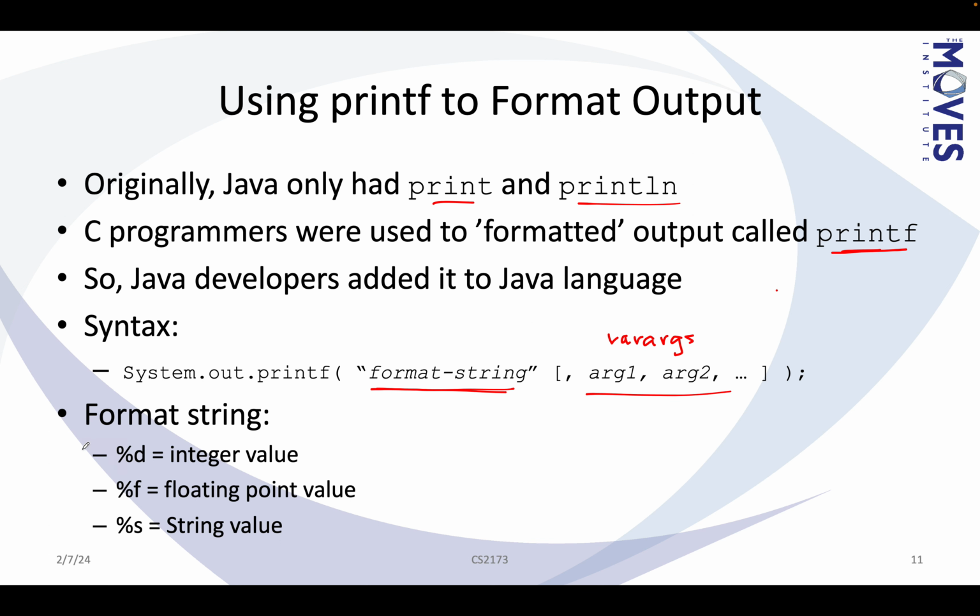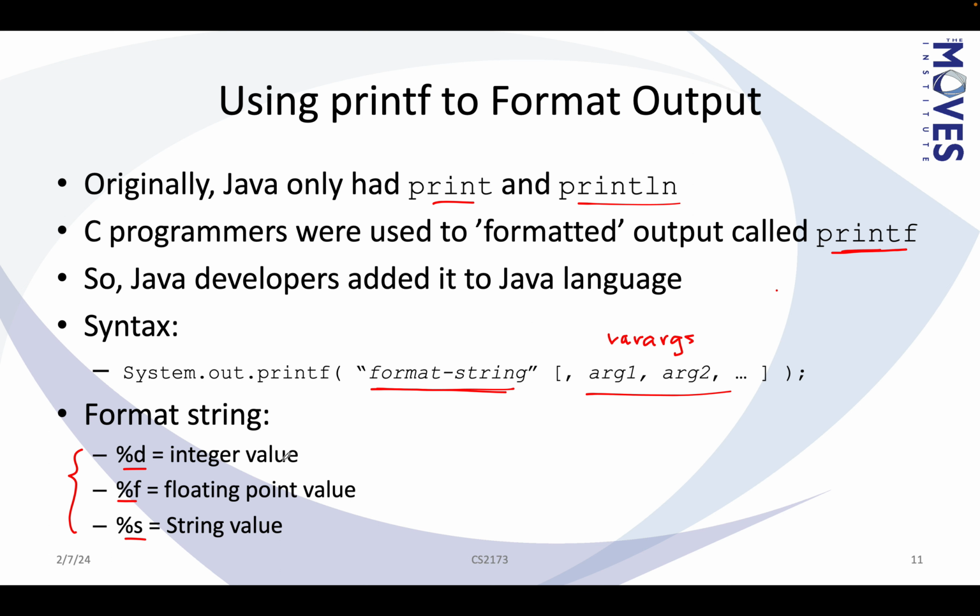And that format string is its own little mini language, and it's especially useful for numbers. So percent is the escape character for this. So %d gives an integer value. %f is a floating point value, meaning there's going to be a decimal point. There's %s that gives a string value.